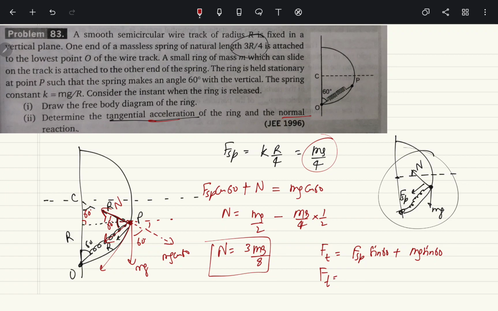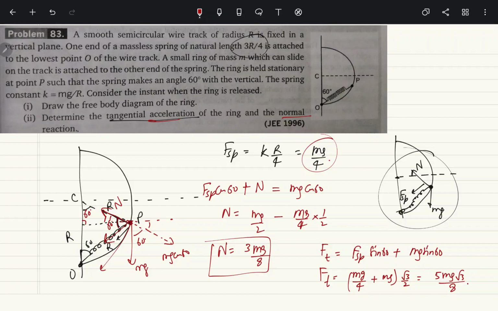Ft is equal to FSP, which is mg/4, sin 60, plus, taking sin 60 common, mg into root 3 by 2. Here we get 5mg/4 into root 3 by 2, so 5 root 3 mg by 8.